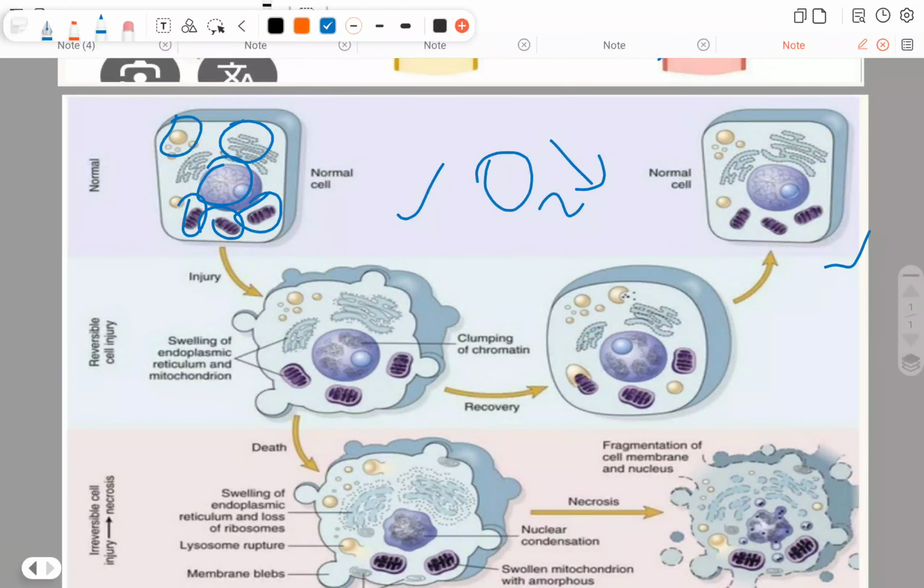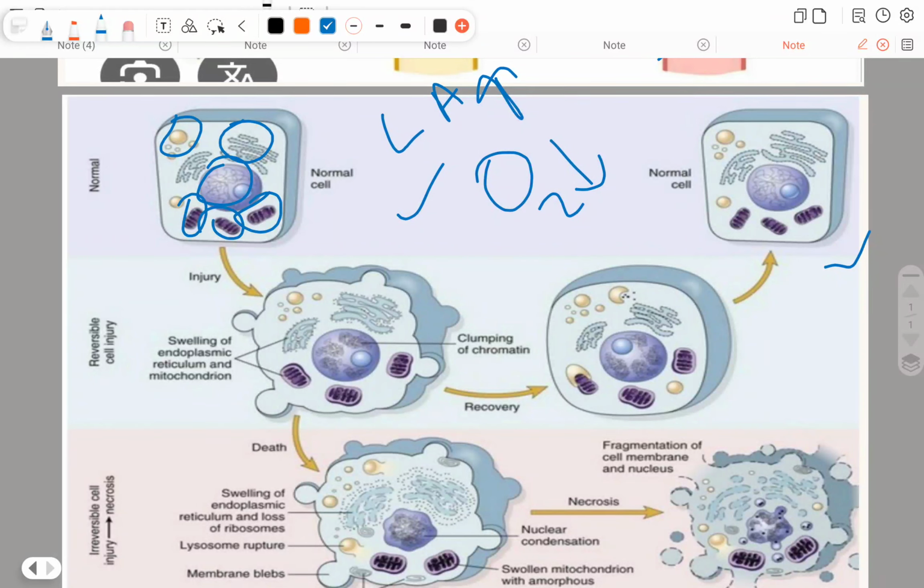For glycolysis there is no necessity for oxygen, and because of glycolysis, lactic acid will increase in the cells.